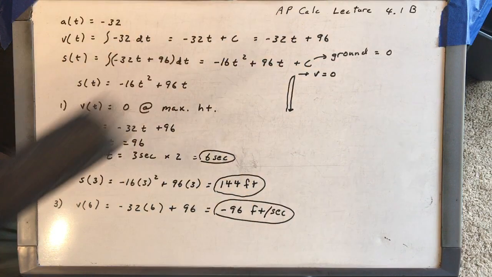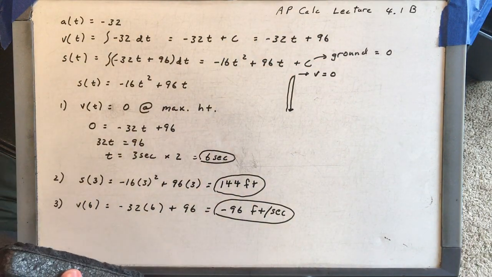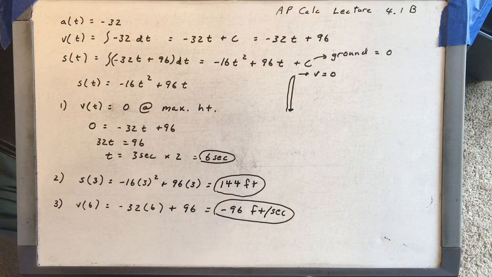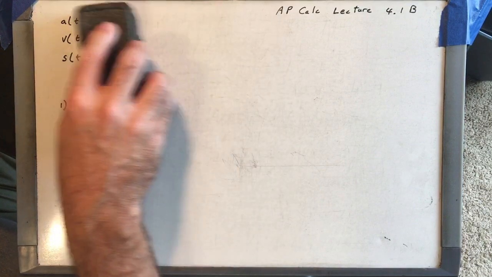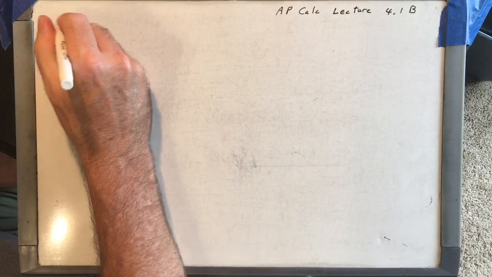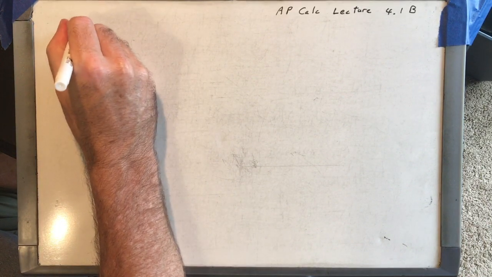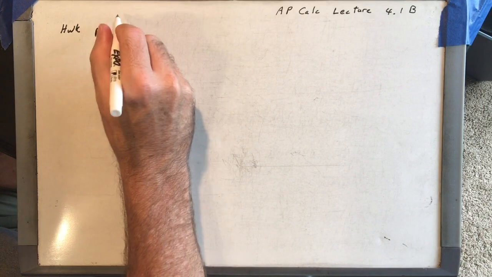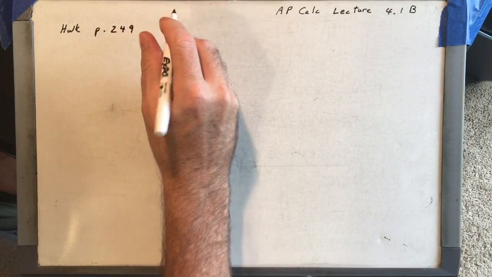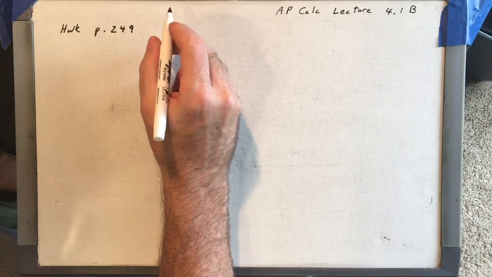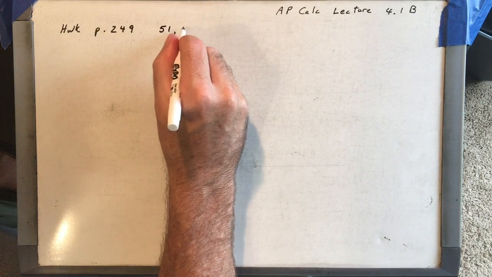That is today's lecture. Now hold on, don't go anywhere. I'm going to give you some hints for the homework. All right, pause if you need to. So the homework is page 249, and it is 51, 54.